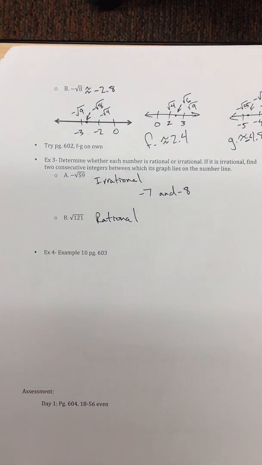Okay, so we got one more example here. So this is example 10 on page 603. So it says the time t in seconds it takes for a pendulum to complete one full swing back and forth. So it looks like we got like a ball and a chain swinging back and forth is given by the equation.